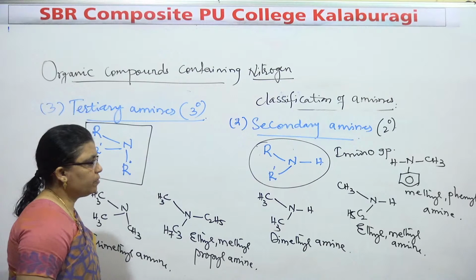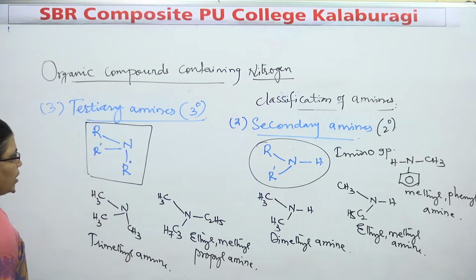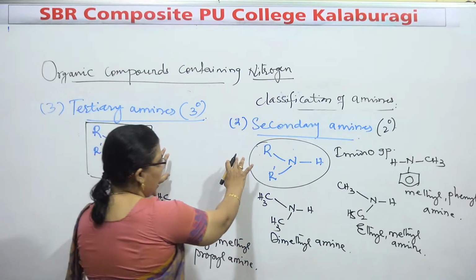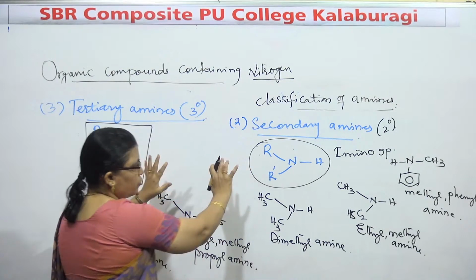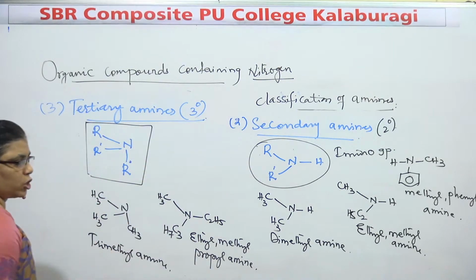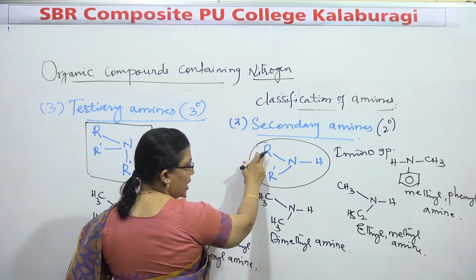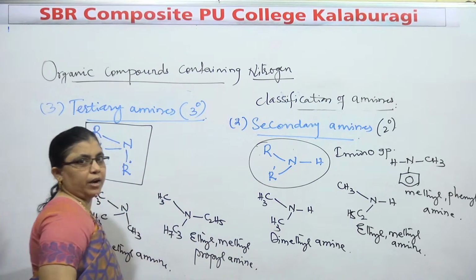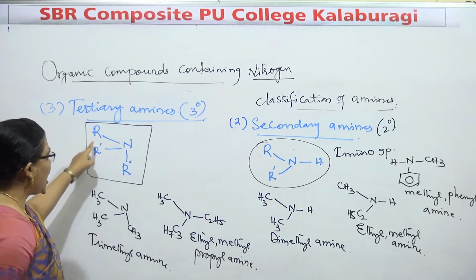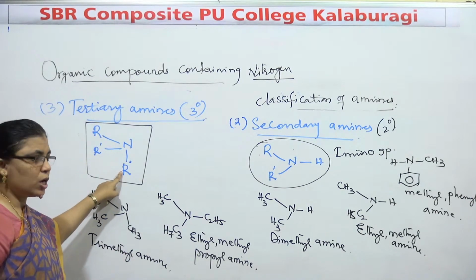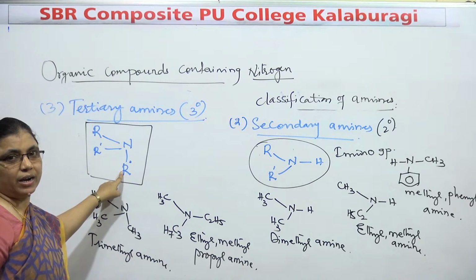One thing you observe over here, children, while defining primary, secondary and tertiary: the general representation is on the board. Here, as I said, R and R' may be same, may be different. Here also R' and R'' may be same, may be different.